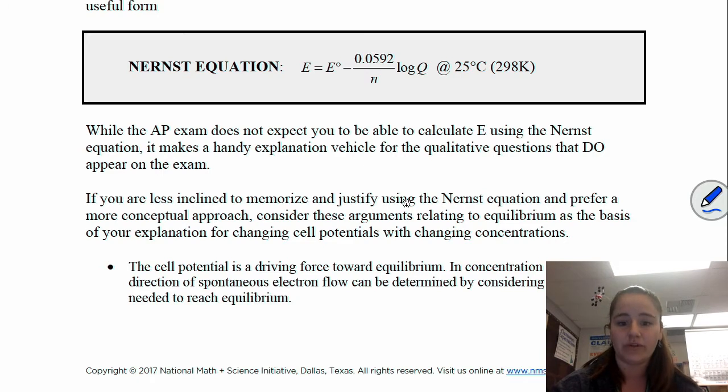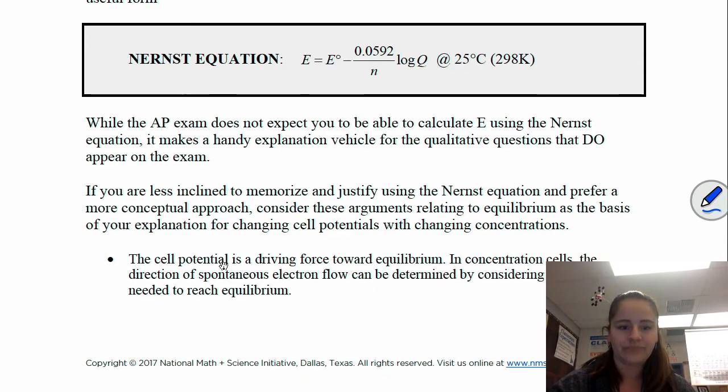I'm going to discuss both of them here. But just remember that the cell potential is the driving force because it wants to go toward equilibrium. Okay, just like Q talks about which way it'll shift in equilibrium when we're talking about Le Chatelier's, the Q is going to be the important thing when talking about whether the change would increase or decrease the cell potential.